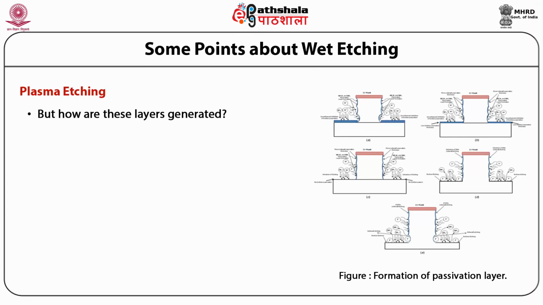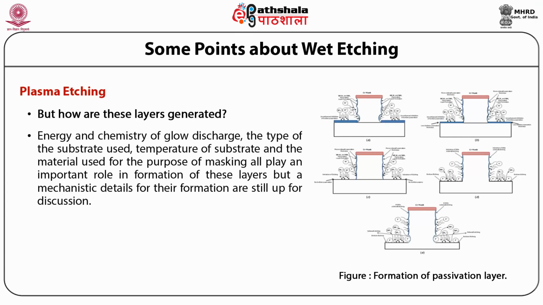But how are these layers generated? Energy and chemistry of the glow discharge, the type of substrate used, temperature of the substrate, and the material used for the purpose of masking all play an important role in the formation of these layers.